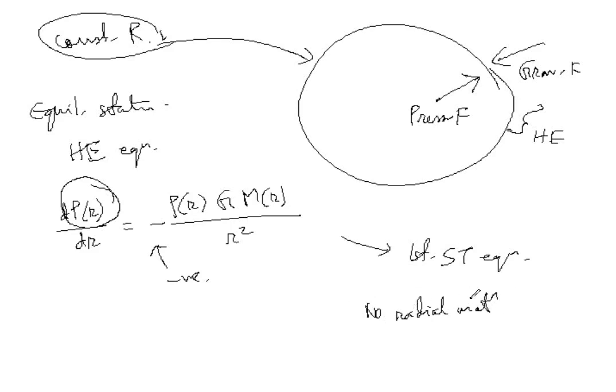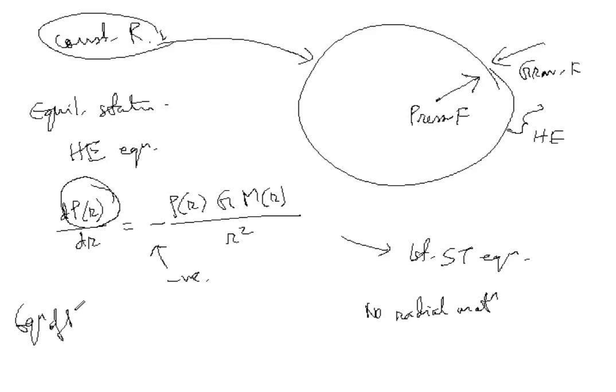But this is not always true. You see, in the rapid evolutionary phases of the star, such as the supernova phase, or when the star is pulsating, as I was just saying previously, this equation is not valid because we do not have hydrostatic equilibrium at that time. And therefore, we have to consider the equation of motion, which is the more general equation.